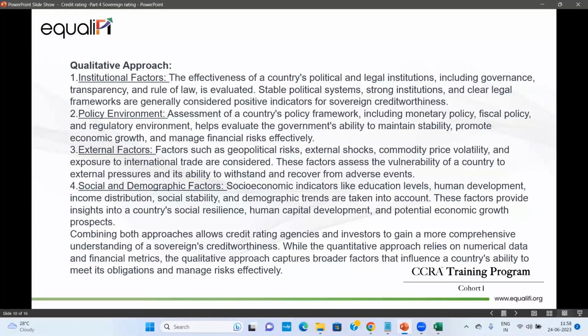Now say social and demographic factors, education level. I can say the education level of say Kerala is very high. You can say that fair enough, education level of Kerala is very high, but then overall country's education level is low. There are states where probably 1% is educated, right? That can happen.